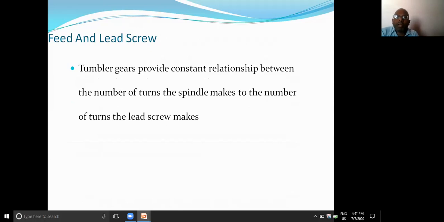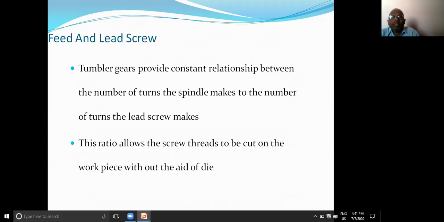Tumbler gears provide a constant relationship between the number of turns the spindle makes and the number of turns the lead screw makes. Only the range of screw threads to be cut on the workpiece with the head of a die changes.